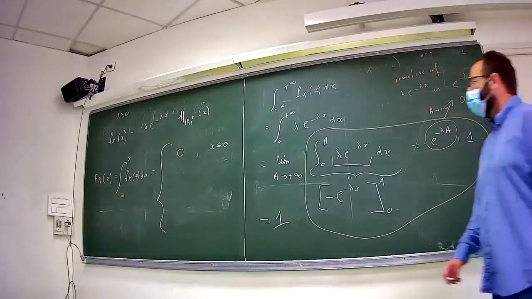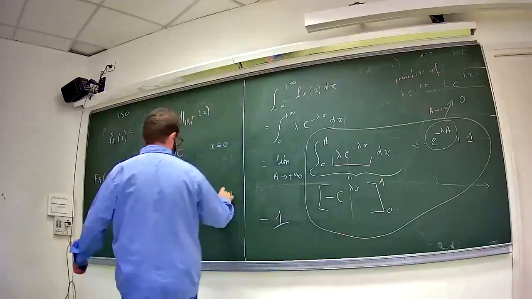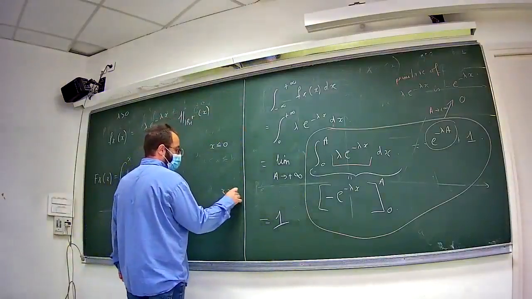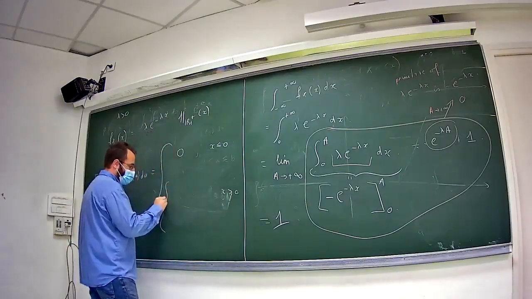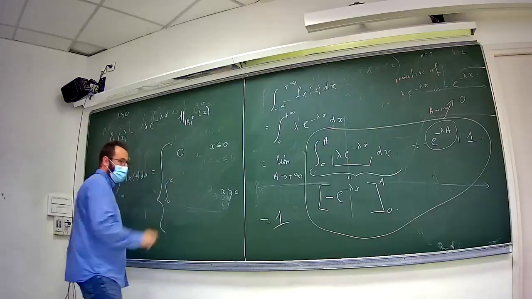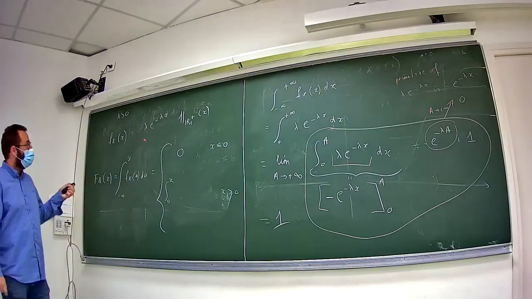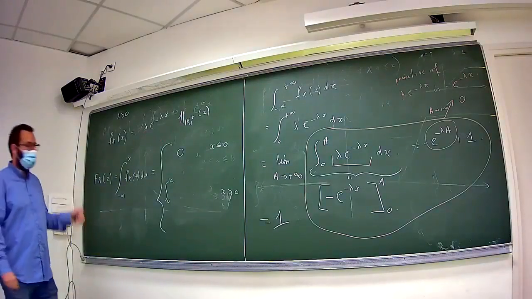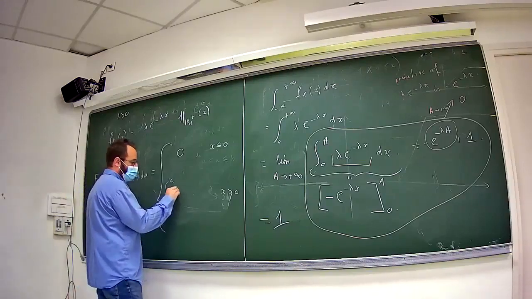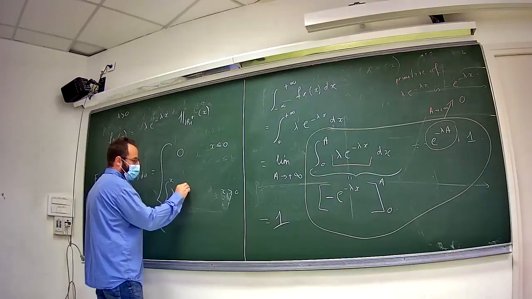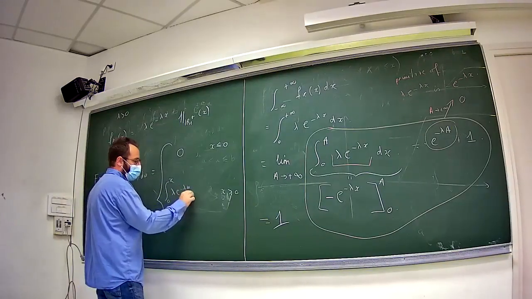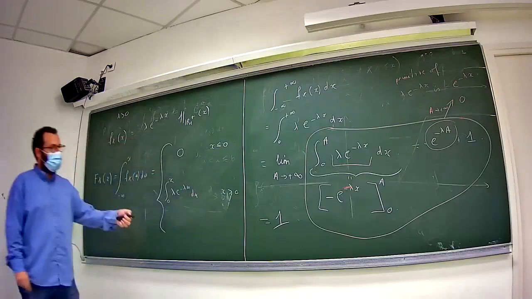And then, if x is positive, or strictly positive in fact, I have to compute the integral between 0 and x of what? If x is positive, it is this expression that works. And it's something that I have already computed here.